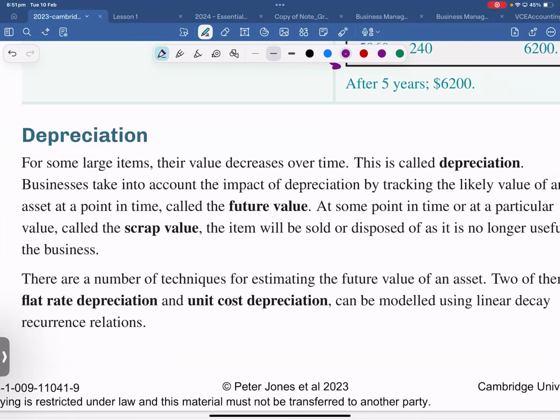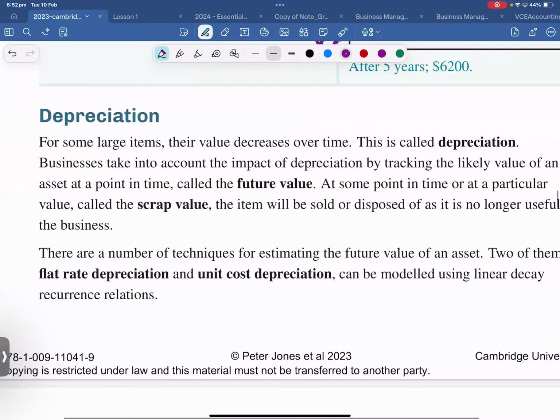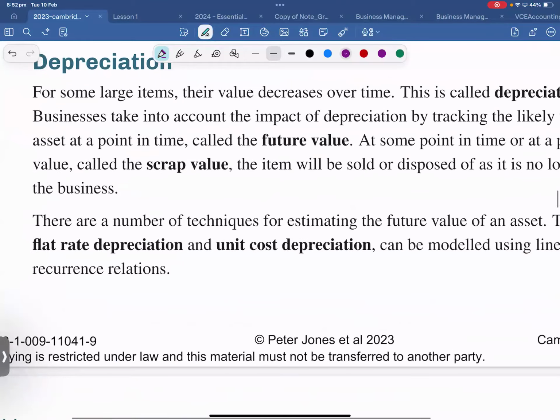Maybe natural ones like land, value is increasing, that's appreciation. Depreciation can also happen in different ways. Sometimes every year it is decreasing by an equal amount, not rate, equal amount.